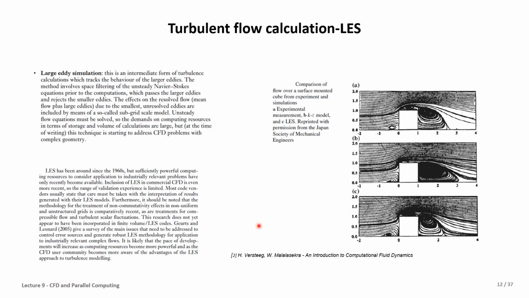To have a comparison with RANS, here we have an example from the experiment. In this figure, A and B are the k-epsilon model from RANS, and C is the LES. When we look at A and C, they look very similar. However, in some areas they present differently.